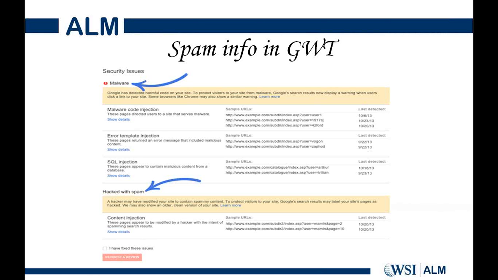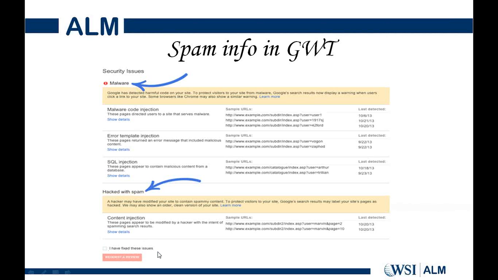This is a huge thing that Google has done to help us, elaborating on the security issues or the actual malware problem with the website by pinpointing the exact issue. So we can go in and take less time to fix it. And best of all, if you look at the bottom of the screen, there is a request a review tab.